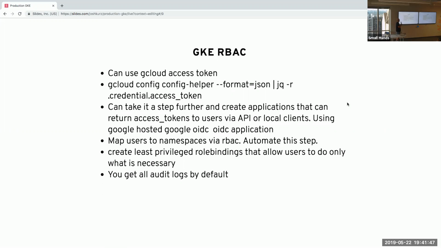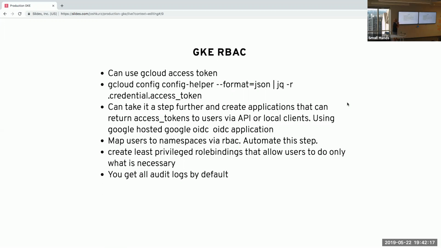So yeah, RBAC with access tokens is a really good way to lock down your Kubernetes APIs. You can script out all your role bindings on all your clusters, and say these users have access to this namespace and can do X on it.